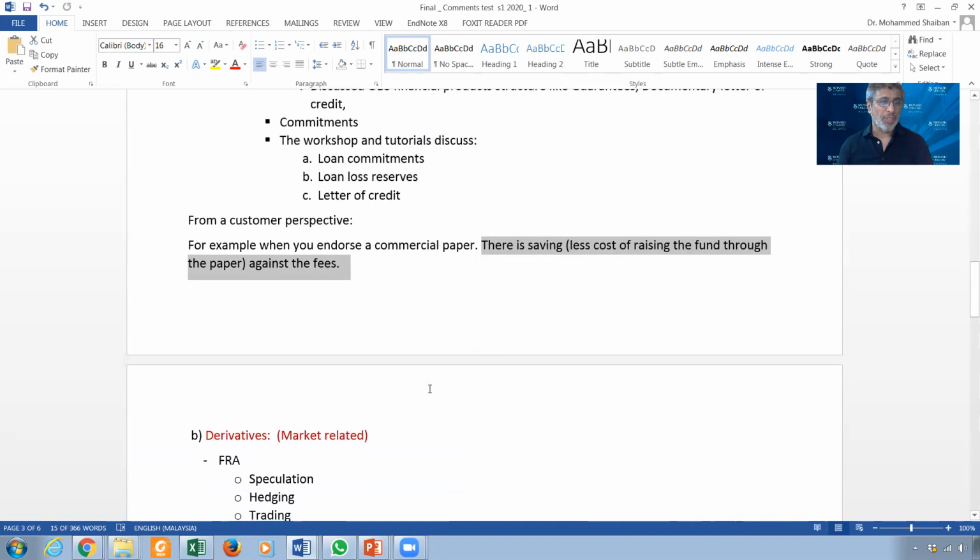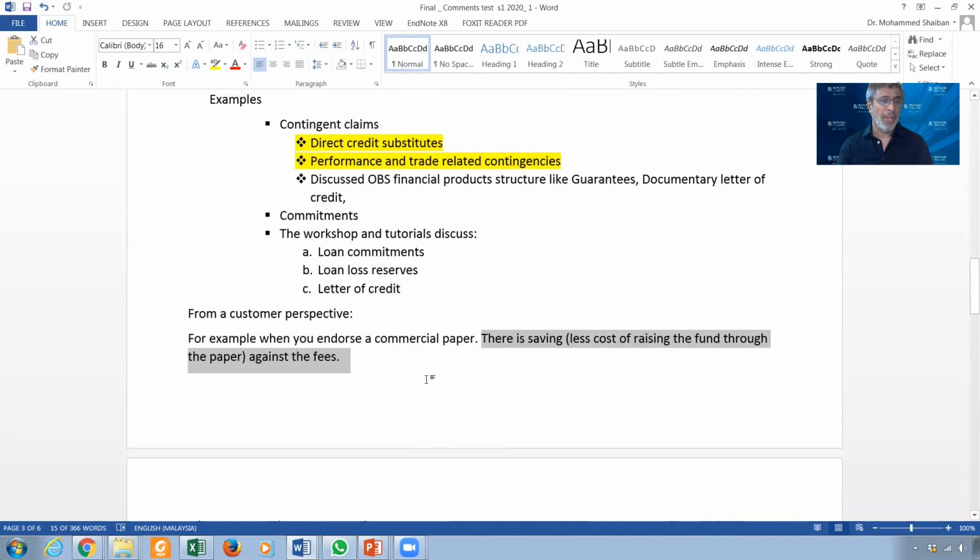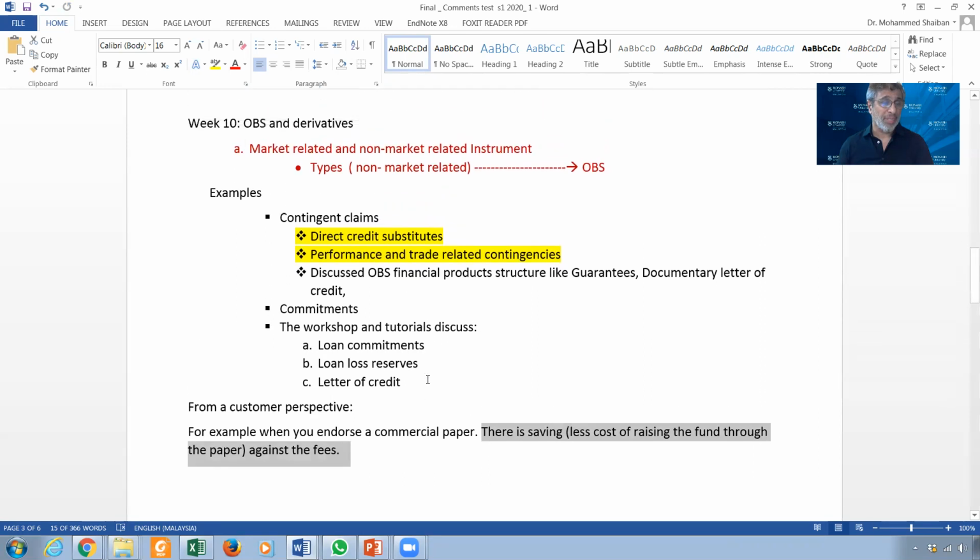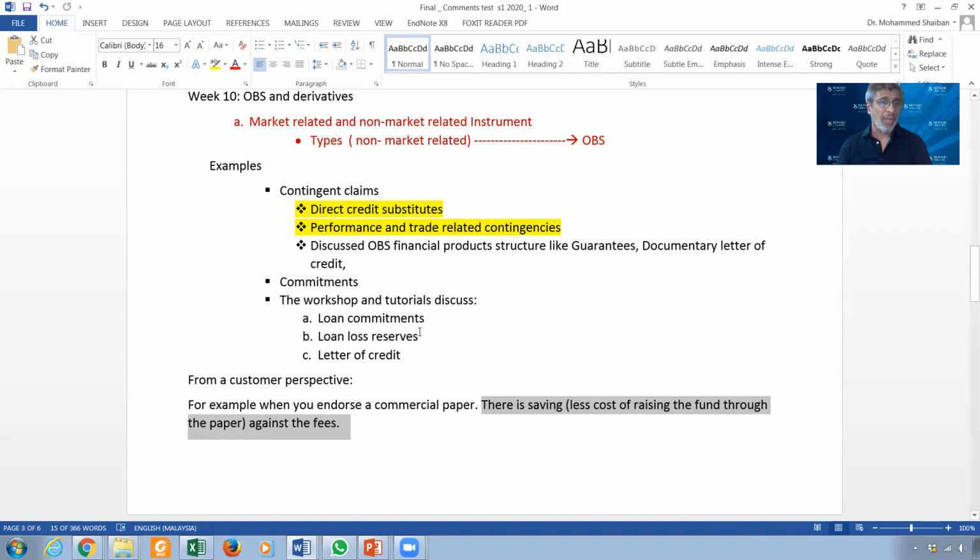In the commitment, for example, we talked about the commitments in general, and we have some calculations about the loan commitment, the drawdown, the upfront fee and the back end fees. This is all about the loan commitment, and we have discussed it in detail in workshop 8.